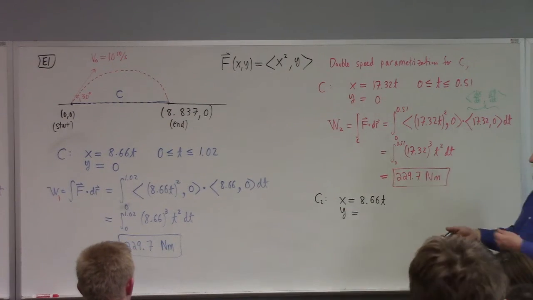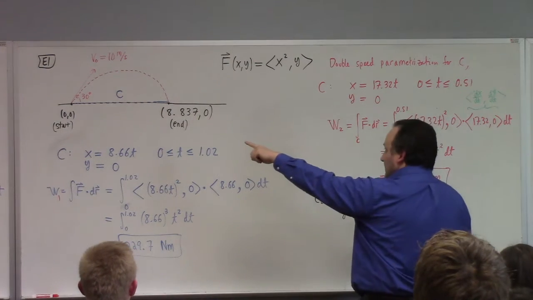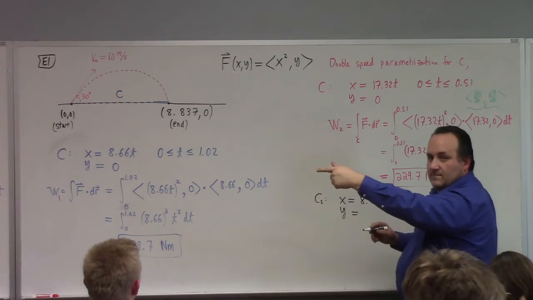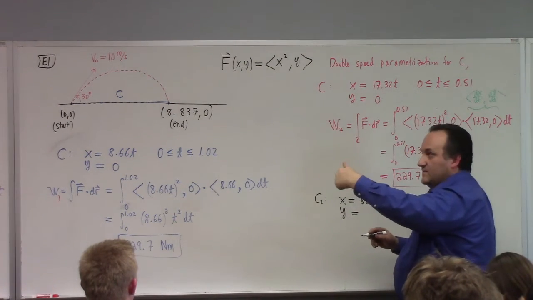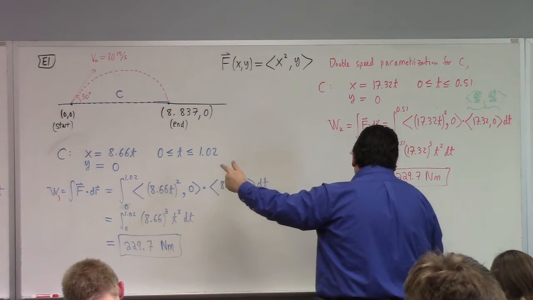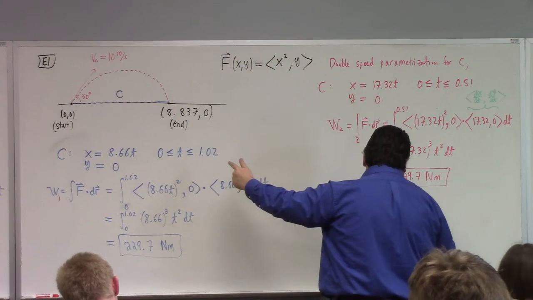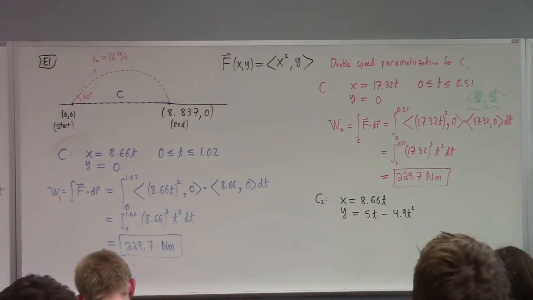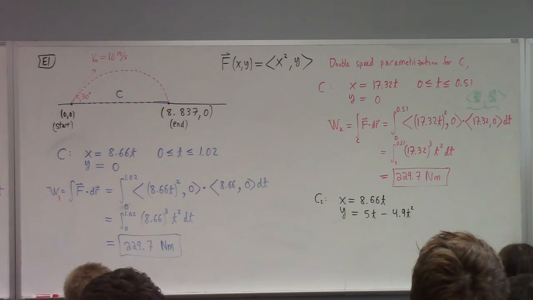If I put the origin at the start, we've got v naught sine of 30 times t, which is 0.5 times 10, so we got 5t, minus 4.9t squared. So these are the parameterizations of that parabolic trajectory.